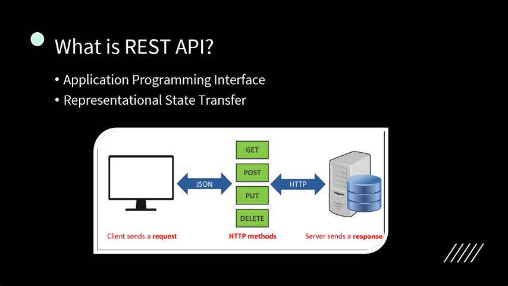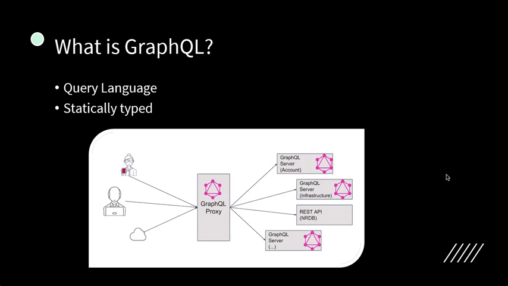The client side will use one of those HTTP methods to create a request by sending a JSON, and the REST API will communicate with the server, that can be a database, and will return the information that was requested by the client side. You still use the HTTP protocol to communicate, so it's completely the same as the REST API.